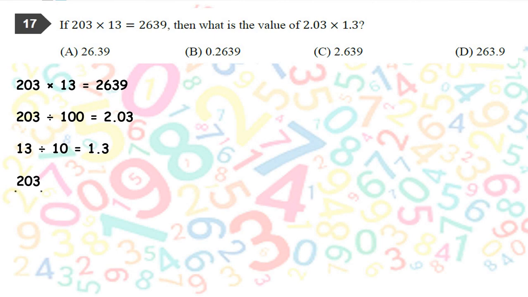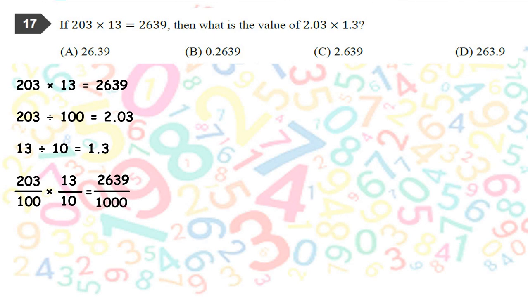So 203 divided by 100 into 13 divided by 10 is equal to 2639 divided by how much? We'll just multiply these two fractions. So how much will it be? 1000. Yes, divided by 1000.